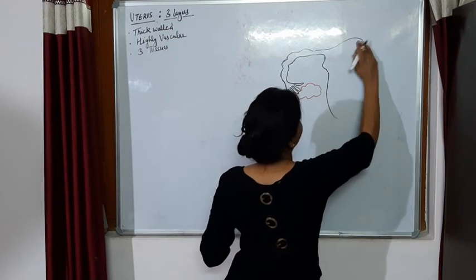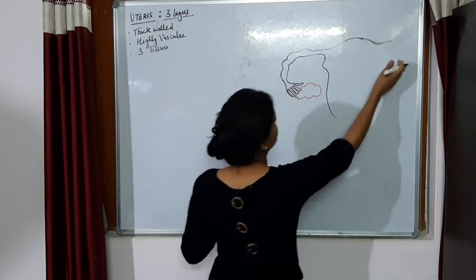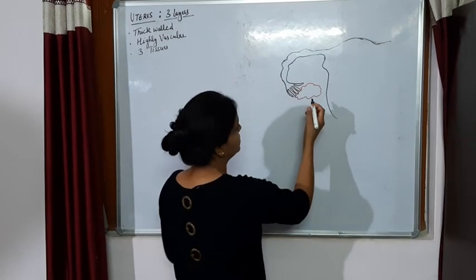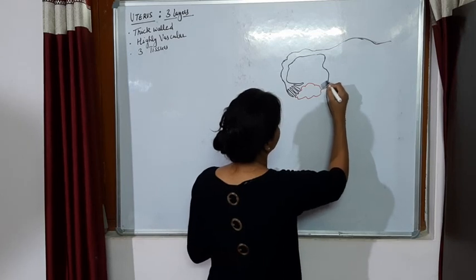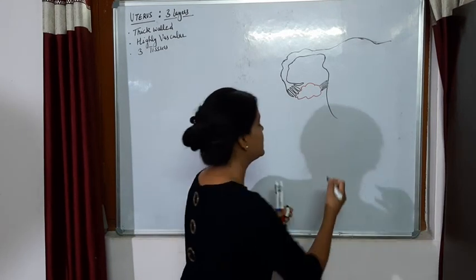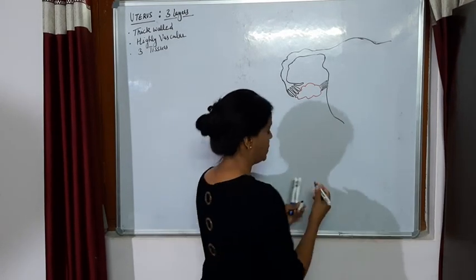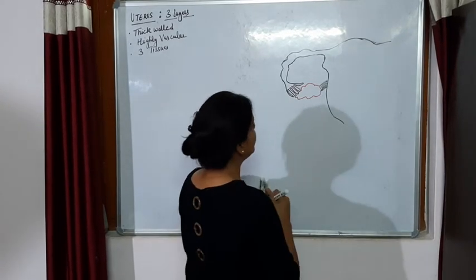This is the fundus part, the upper part, and similar to this side, we'll be having the same structure. And here the ovary is going to attach to the uterus by an ovarian ligament. We have discussed all this in detail. I'm just focusing on the different layers right now in this video. So coming to the layers.